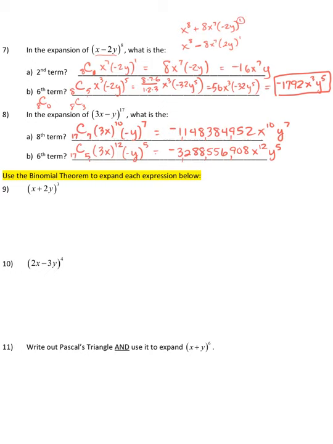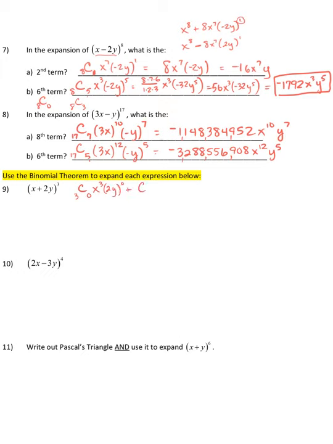So now we're going to use the binomial theorem to expand x plus 2y to the 3rd. So x plus 2y to the 3rd will be, and you don't necessarily have to write these out, it depends on whether I ask you to on a test or not, but we will do it just for the practice. It'll be the combination of 3 things 0 at a time, and then it'll be x to the 3rd, and it'll be 2y to the 0.